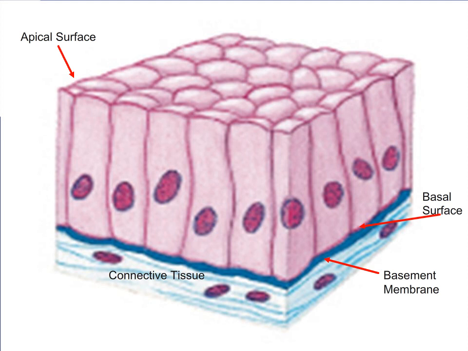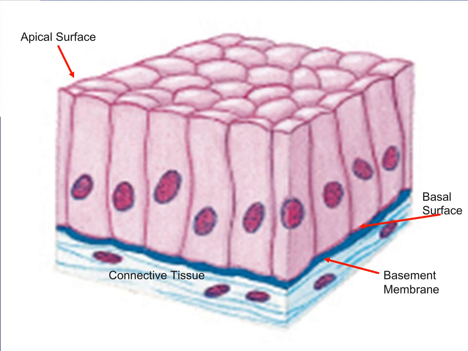So here's a schematic of a generalized type of epithelium. And this is actually going to be called a simple columnar epithelium, as we'll find out in a few slides. So we can take a look. We see that it has an apical surface. That's the top part, and this would be the part that would be exposed to the external environment, or in the case of this epithelium, probably to the lumen of a digestive organ.